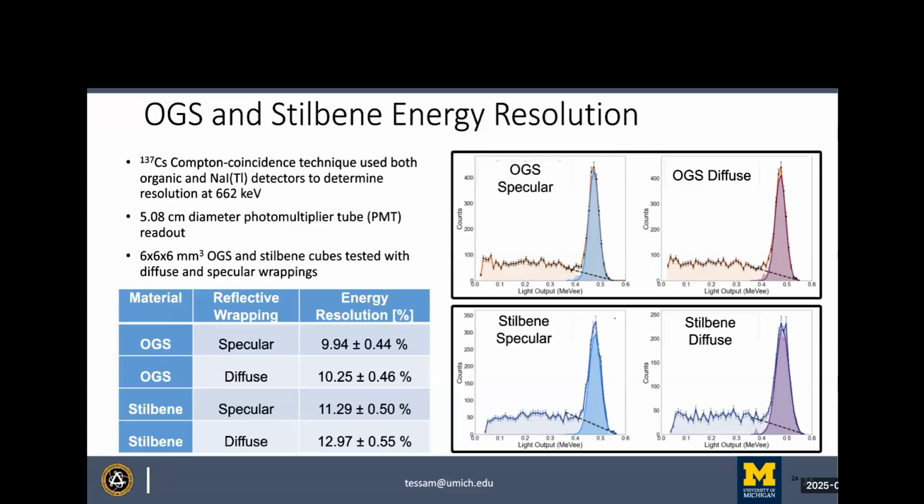Specular means it's basically like a mirror. It's a smooth surface, it'll reflect the light in a determined direction, whereas the diffuse reflector can reflect light in many different directions, meaning it's more likely to bounce out or cause other scatters that would have distorted energies.